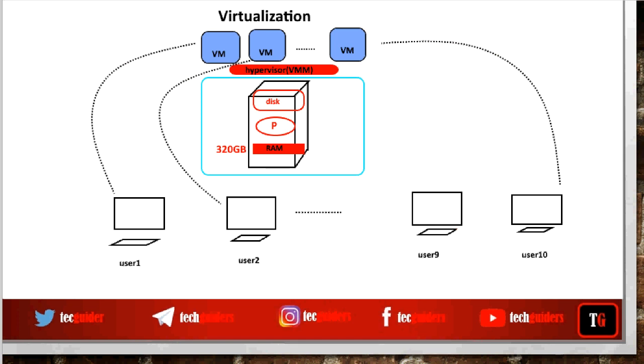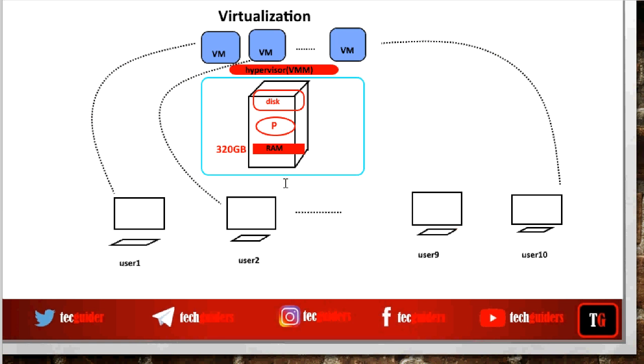Now, each user will have a feel as if he physically owns 32 GB of physical memory. Similarly, each user will feel as if he physically owns the resources allocated to his VM, but actually he is working in a virtual environment and those resources he thinks he owns are actually shared resources.